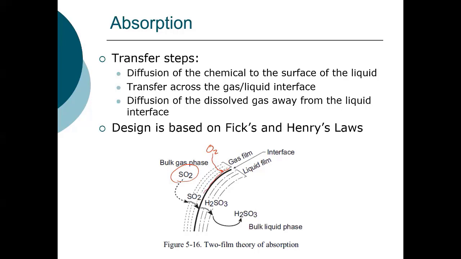Typically, we would have a stagnant gas film on the gas side. It has to cross this interface. We have a stagnant water film that's actually quite a bit thicker than the gas film. And then it has to move out into the bulk liquid.